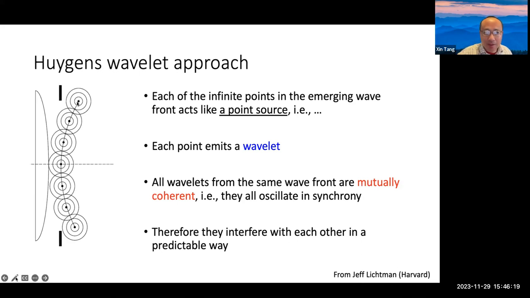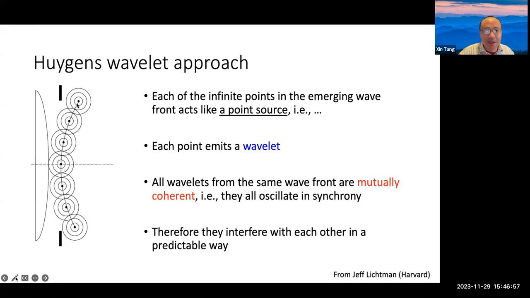So each point can generate a new wave, all of them at the same time on the same wavefront. Then these small spherical waves interfere with each other and propagate forward. Each point here is called a wavelet. This is a word you always hear in the signal processing field, and also in the optics field, because they are connected together. Now here, this picture only shows a few wavelets for example.